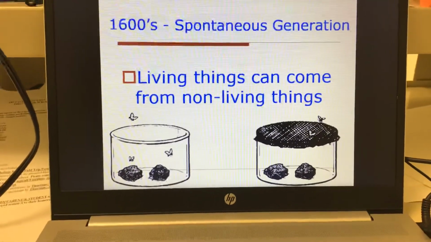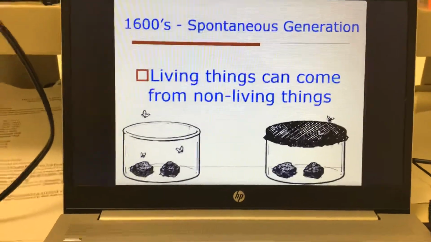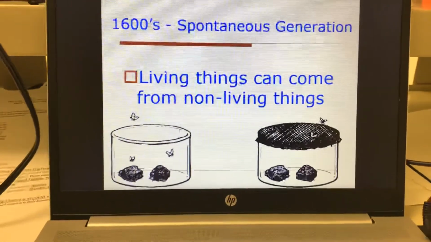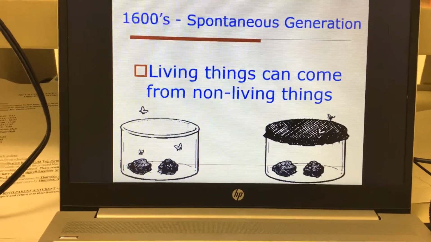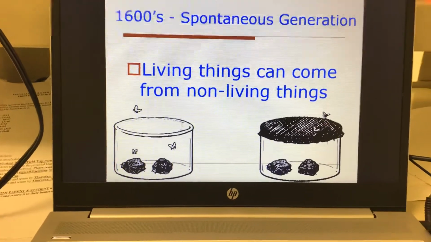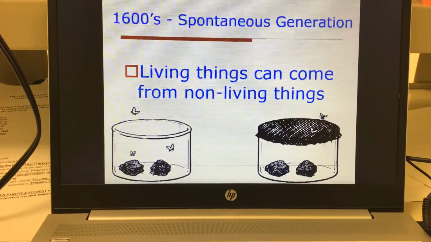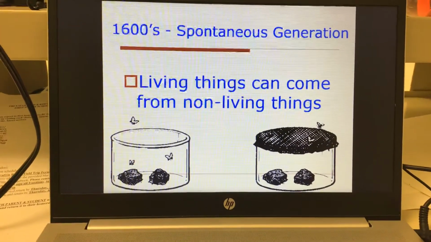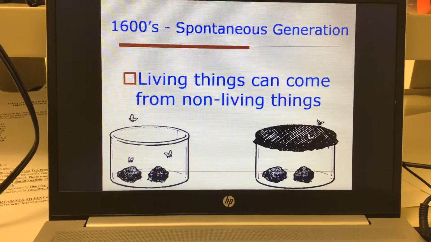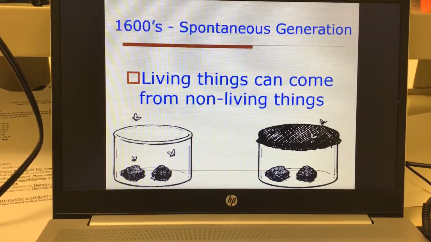Basically, to prove this, because everyone was saying this spontaneous generation is happening, he took two containers and put some rotten chicken broth in each of them. Then he set them outside in the sun. One of them he put a cloth covering on, and the other he did not.